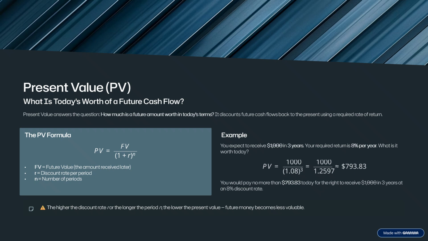So present value helps us answer one very important question: how much is future money worth today? And this is the base of the three major decisions: the investment decision, the financing decision, and the dividend decision.